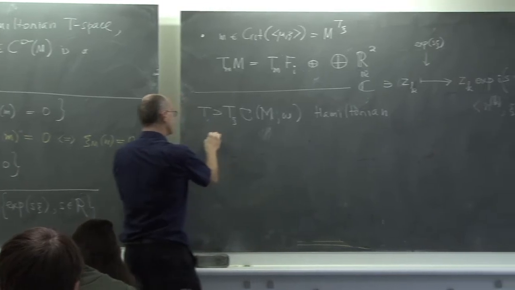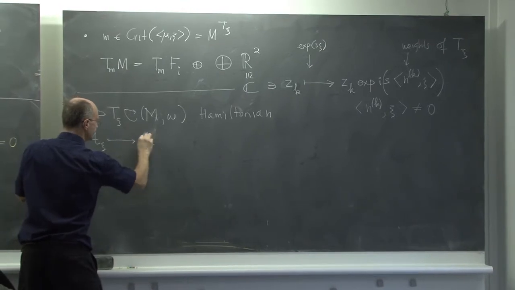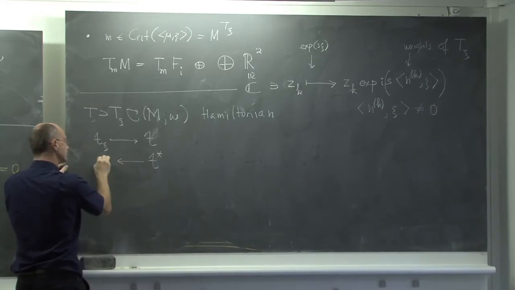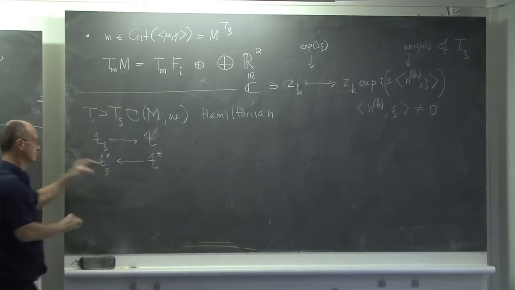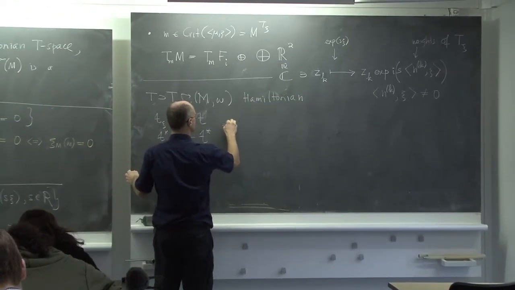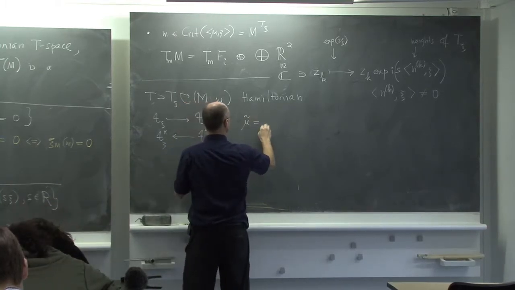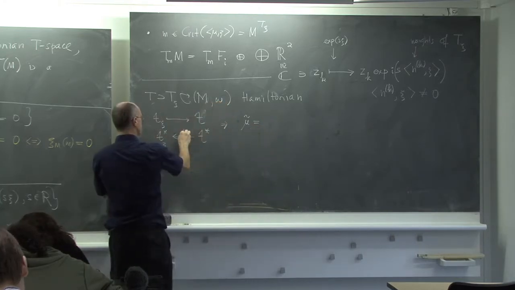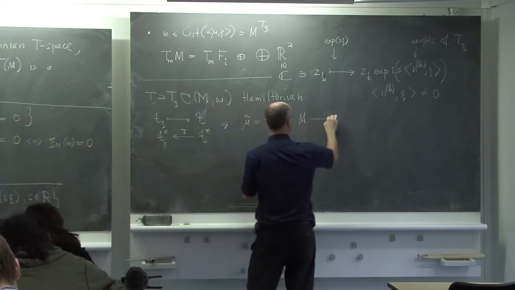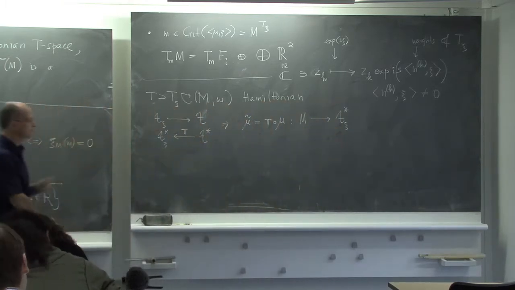Right, we have the Lie algebra of T_psi injects into that of T. So this means that we have a projection from t star to t_psi star. And the moment map, let me call it mu tilde, is this projection composed with mu. So that's the map from M to t_psi star.